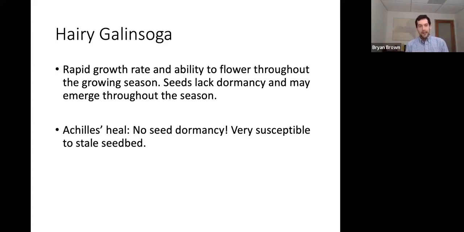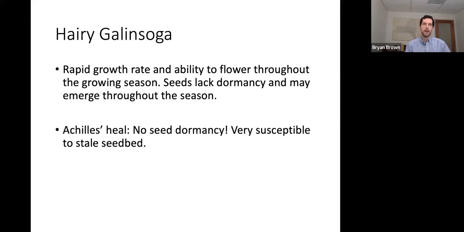But on the other hand, we can use that against it. So that's, I think, its Achilles heel, is that there's no seed dormancy. Whenever the conditions are adequate, whenever it has warm soil and reasonably moist soil, it will germinate. So it's very susceptible to stale seedbed, if you know what that is.